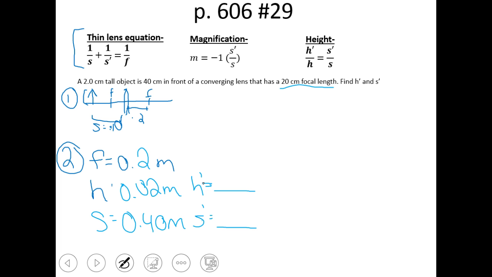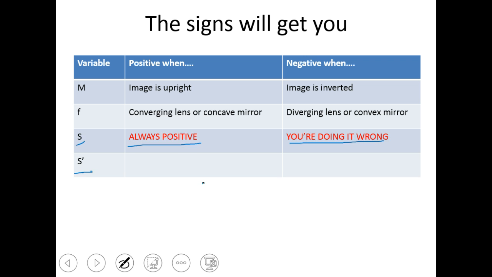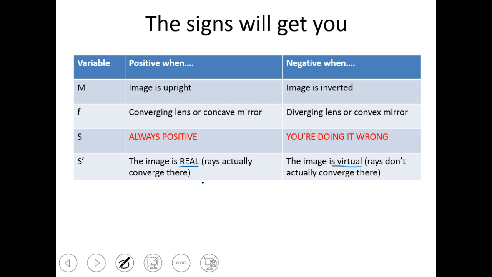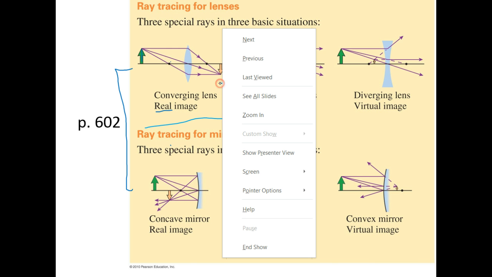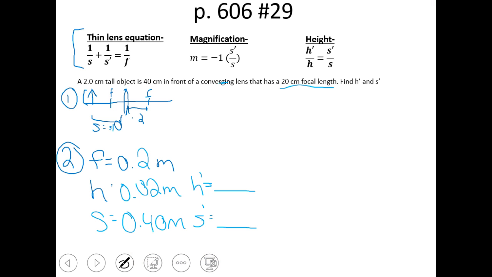The next thing that I'm going to check is my sign convention table. I'm going to look at this to see what I can expect. I've got a converging lens with an object outside the focal point. And so I know that my image is going to be a real and inverted image.